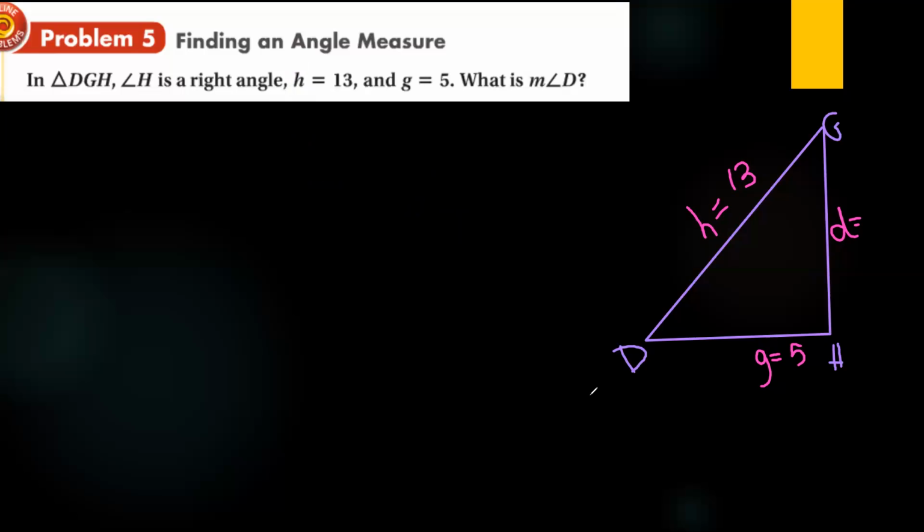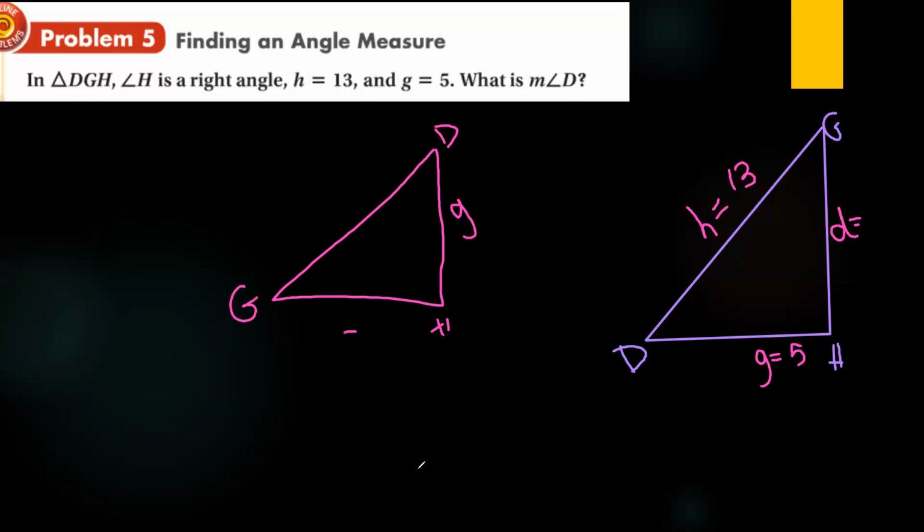So, what if I say that the place of the D is G and the G is D? If you have this triangle with the same names, this is false. But if you write the triangle like this, this will be correct.